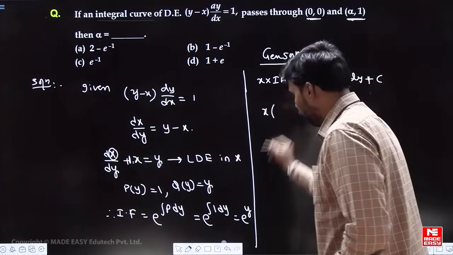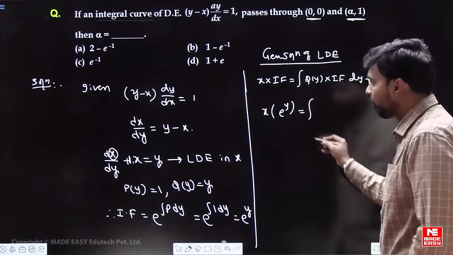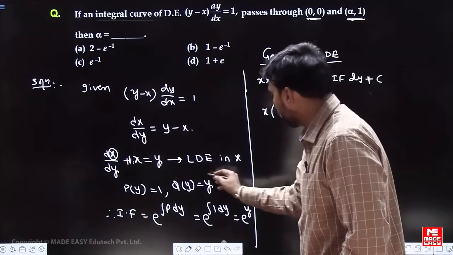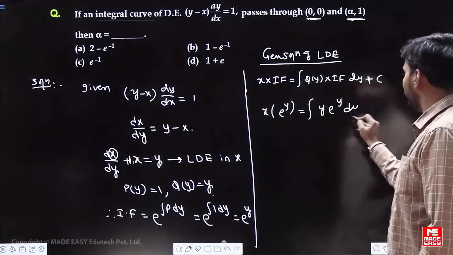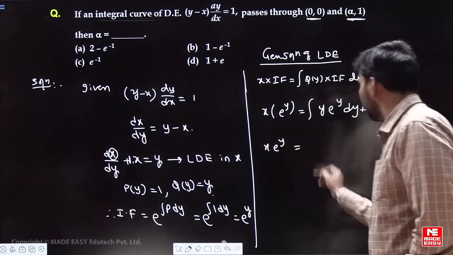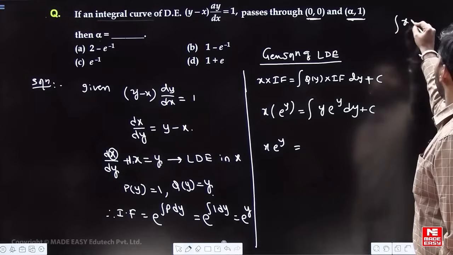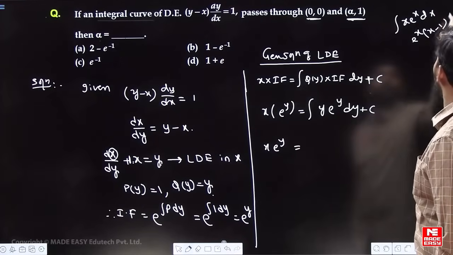So x into IF is e power y, equal to q of y into e power y dy plus c. What is q of y? Q of y is y. So integration of y e power y dy is e power y into y minus 1.